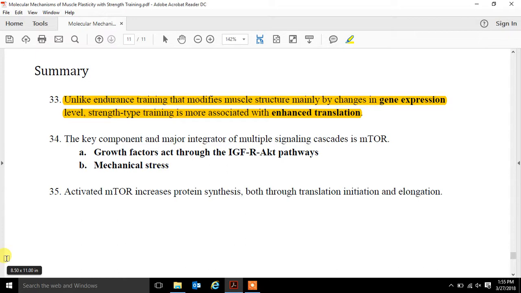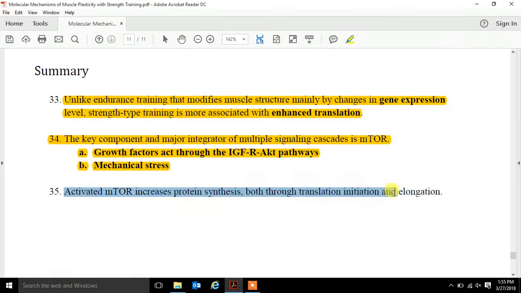Key pathways and major integrations of the signaling cascade are through mTOR, growth factors acting through the IGF receptor and AKT pathway, and through mechanical stress. But again, there's that major integrator of mTOR. And when mTOR is activated, it increases protein synthesis through both translational initiation and elongation.